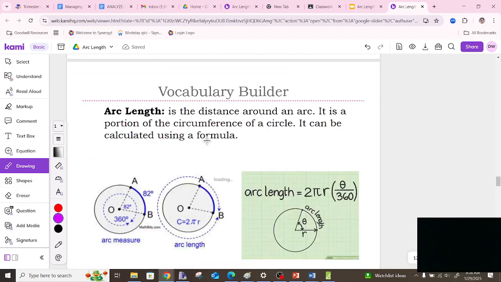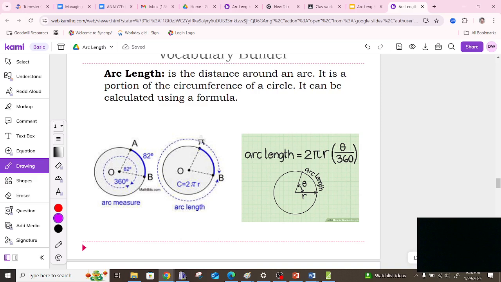That's why I'm skipping through this, because I want to get to arc length. So I'm skipping through the review since we reviewed in our do now. We are on the second page. The circumference formula for a circle could be written as 2 pi r or pi times diameter, because 2 times radius is the diameter, correct?